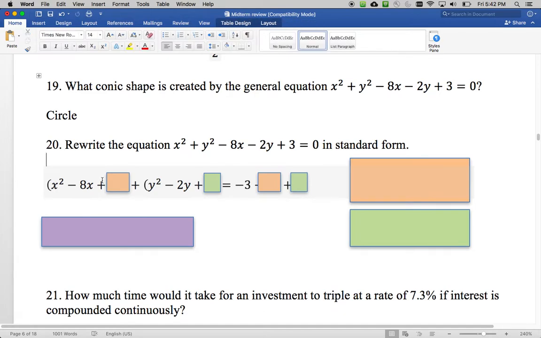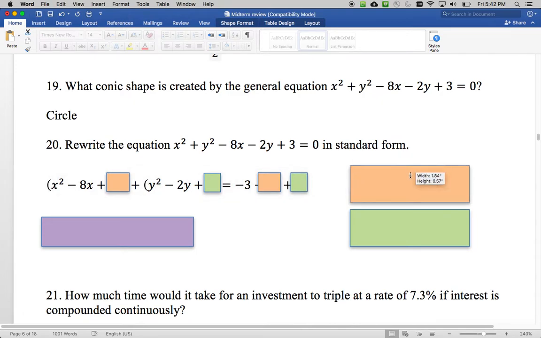And now we are going to try to get perfect squares. So we have to come up with a value that we're going to add here that will make this a perfect square.